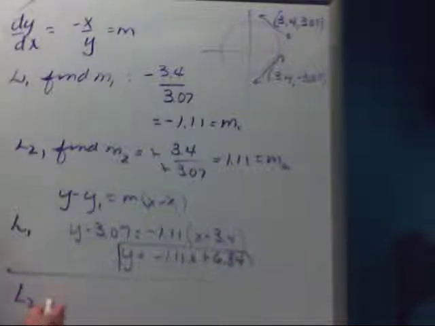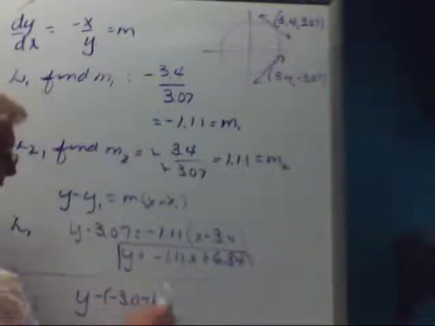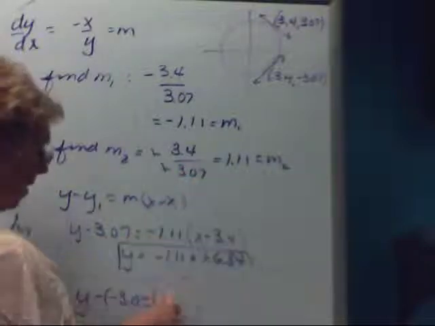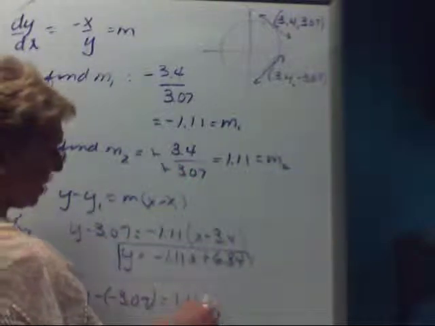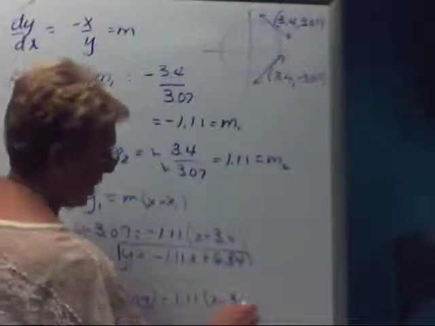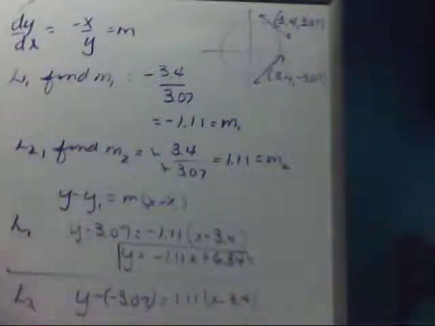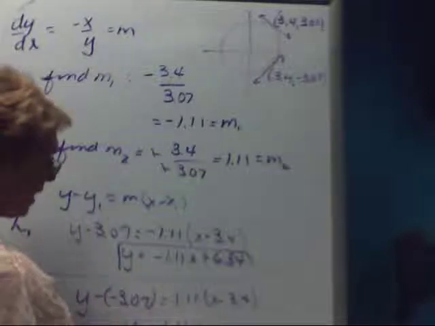I hope there's enough space in the camera to pick this up. So this time around it's y minus a minus 3.07. And our m2 is positive 1.11. Our x is still the same old x, but this time it cleans up to y equals 1.11x.